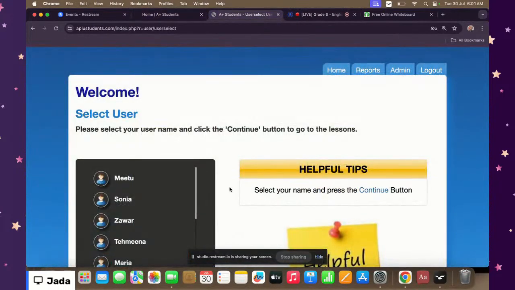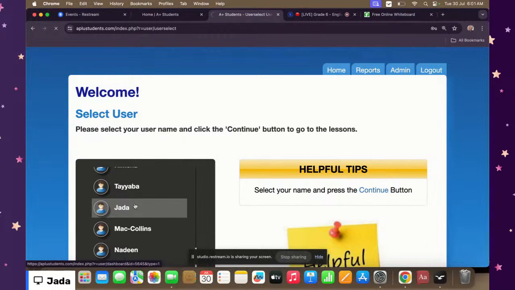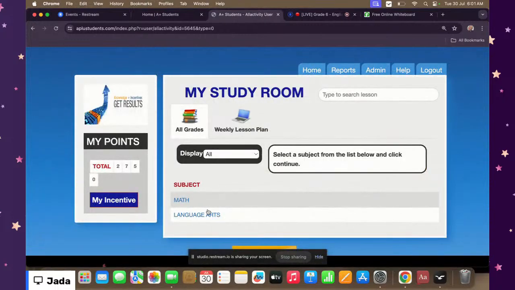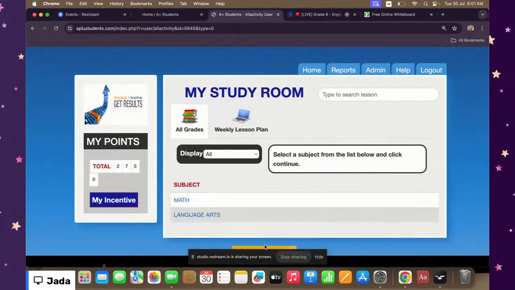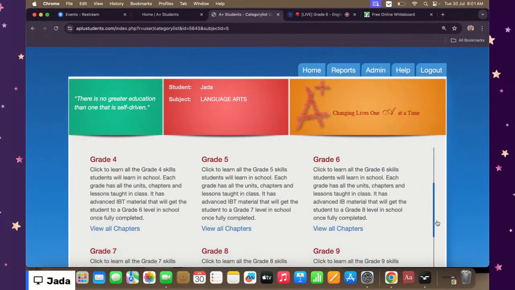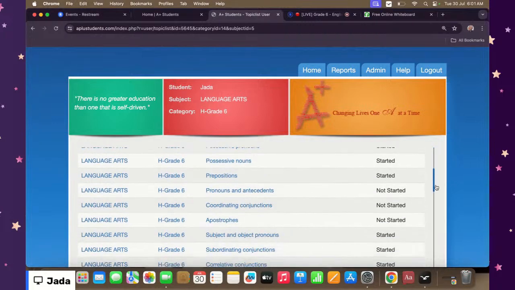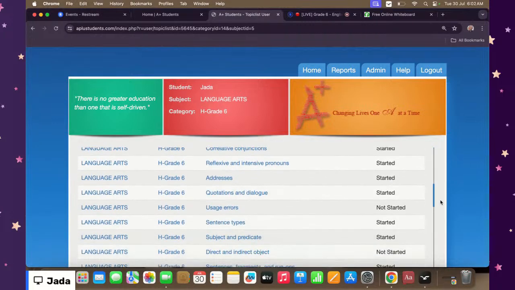Okay, so just first log in using the aplusstudent.com, and as usual you just click on your name and we'll move into language arts, grade 6, and onto subject and predicates.